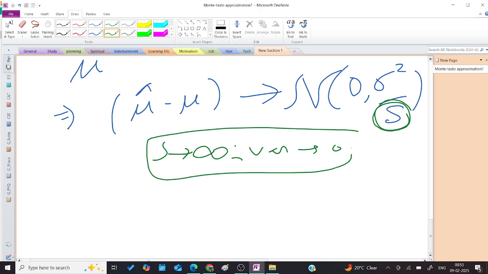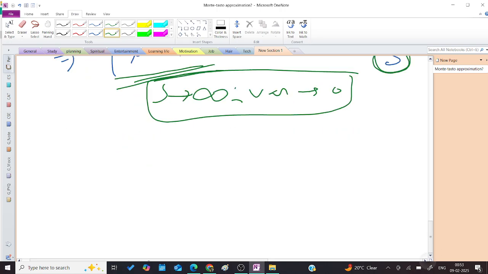So these will become exact replicas of each other.